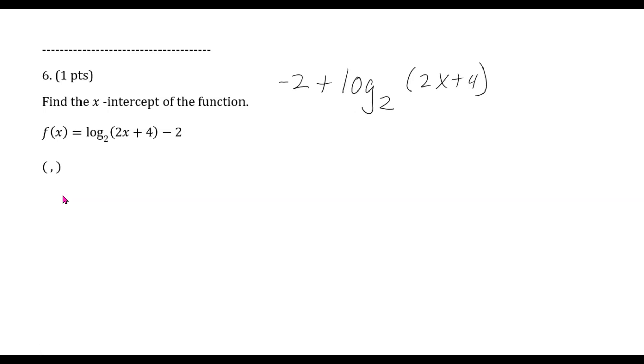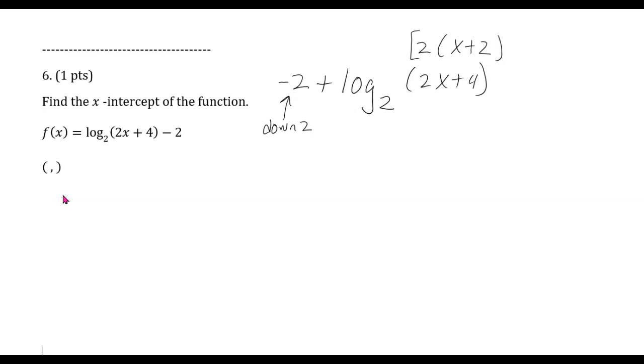Remember that this has the effect of moving the entire graph down 2. We will need to factor the 2 off of this, and that will give us a 2 times the quantity x plus 2.